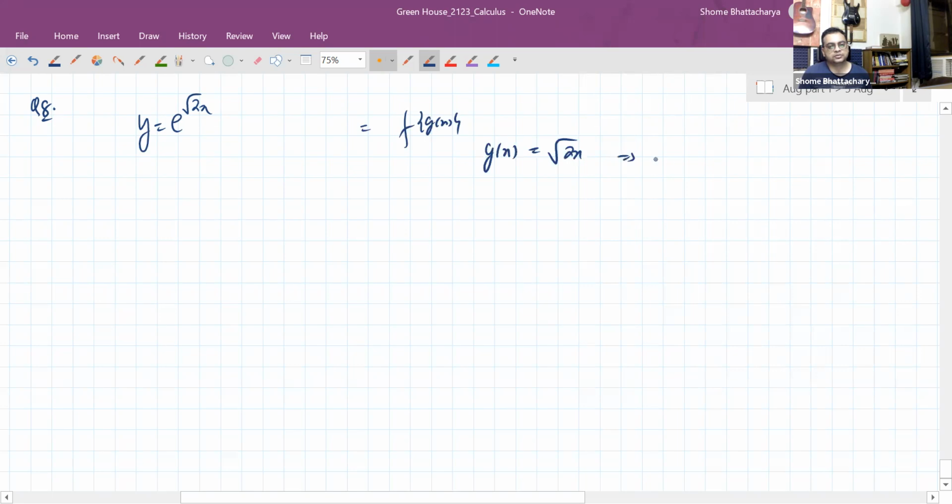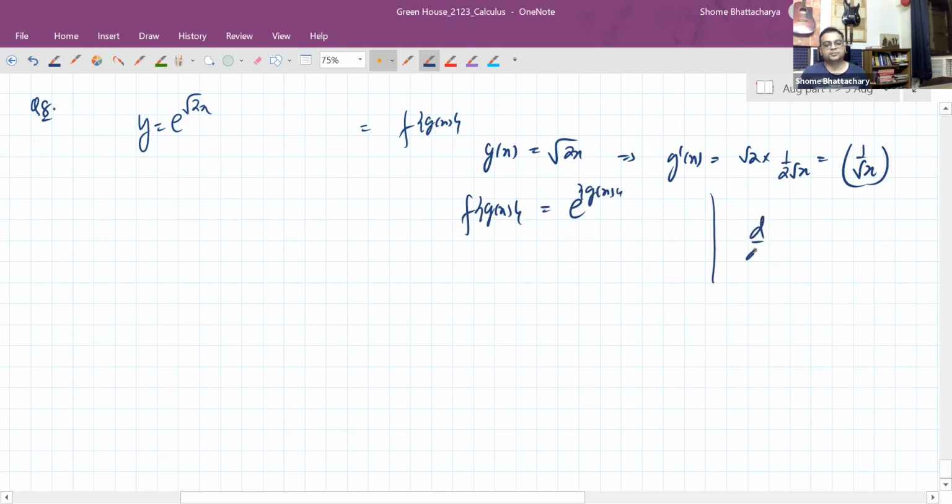Okay, so g prime x is root 2 comes outside and 1 by 2 root x, so it's 1 upon root x. And f of g of x is e raised to the power g of x.